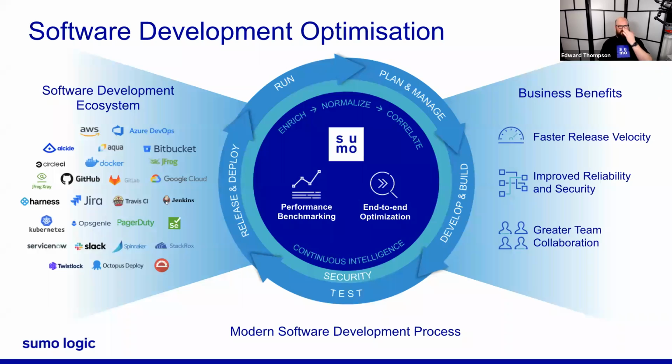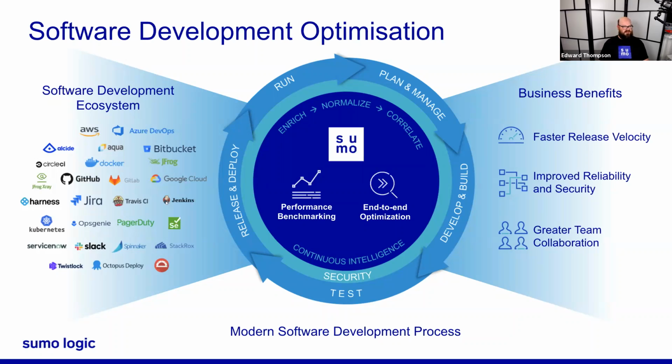So what do we mean when we talk about software development optimization? It's changed a lot in the last few years. There are now a huge variety of options in tooling when it comes to the software development ecosystem. It's not just someone writing some code and then every now and again there's a release.